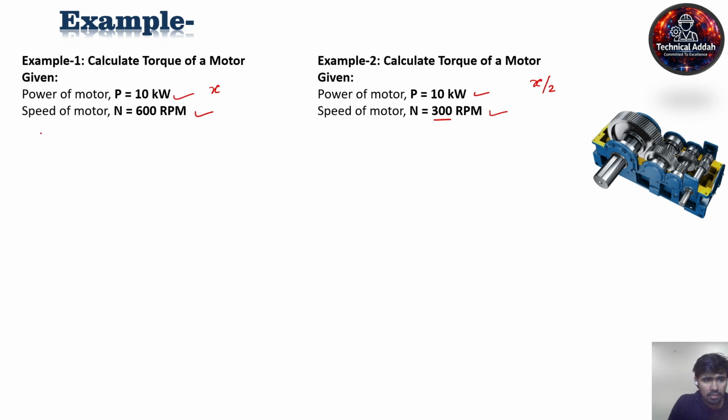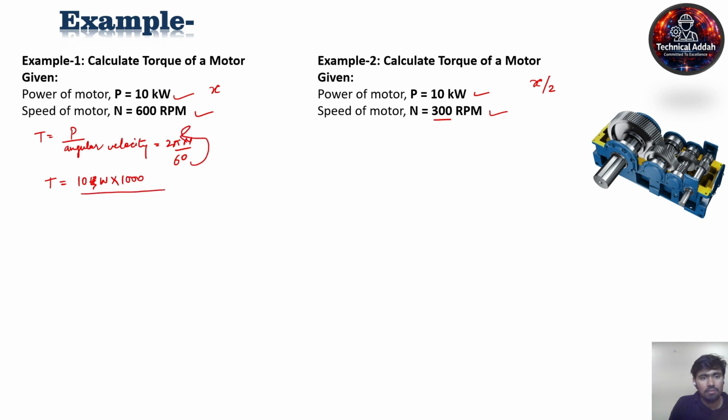We know that torque is equal to power upon angular velocity. Also, angular velocity is equal to 2 pi n upon 60. So the torque is equal to power, means 10 kilowatt, and we will convert it into watt, so remove this kilowatt and multiply with 1000.